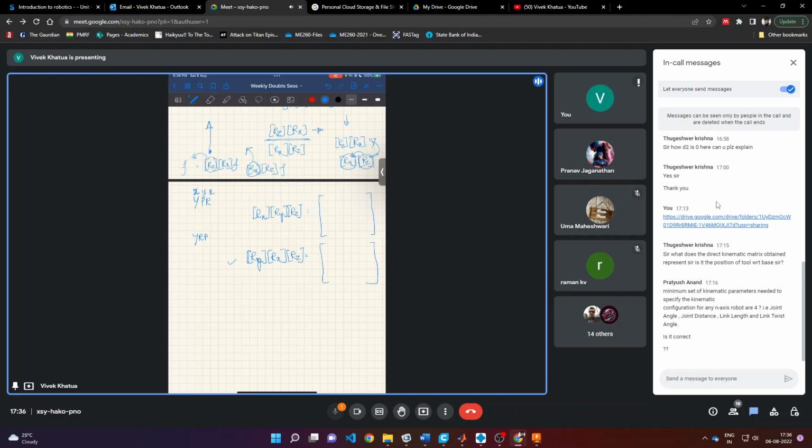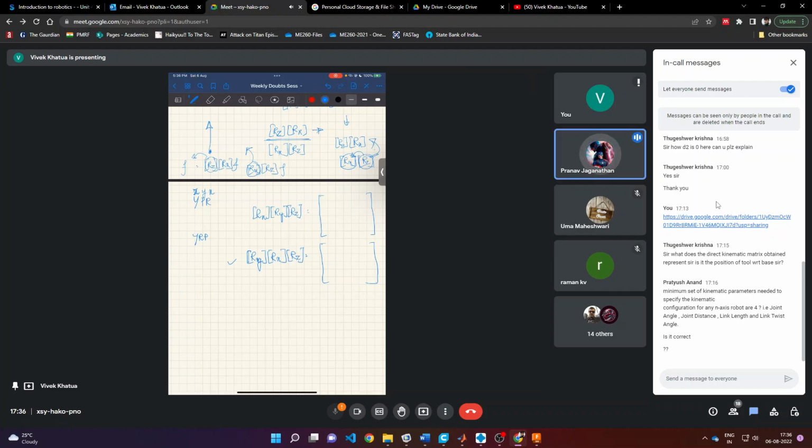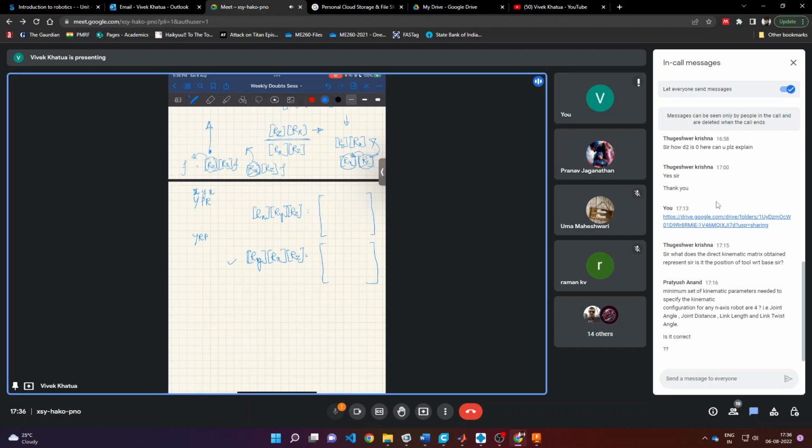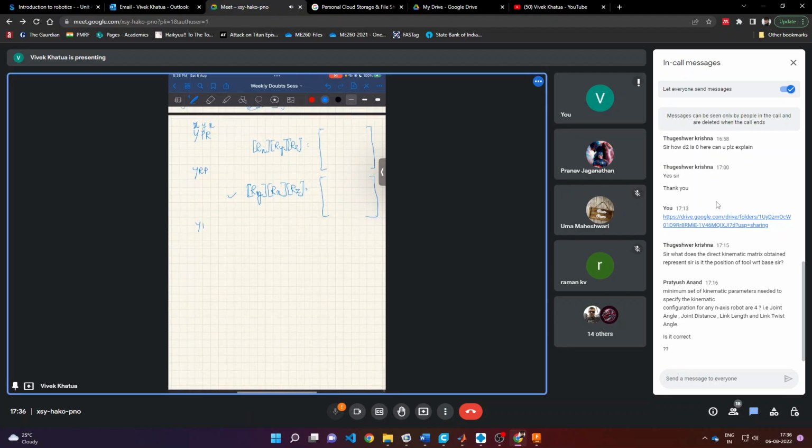So this is the problem we solved last week. Sir, so we have to multiply in the reverse order of what we wrote? Yes, that is what I'm telling you. Sequential rotation: when we say yaw pitch roll, first you do yaw, not in the multiplication order.